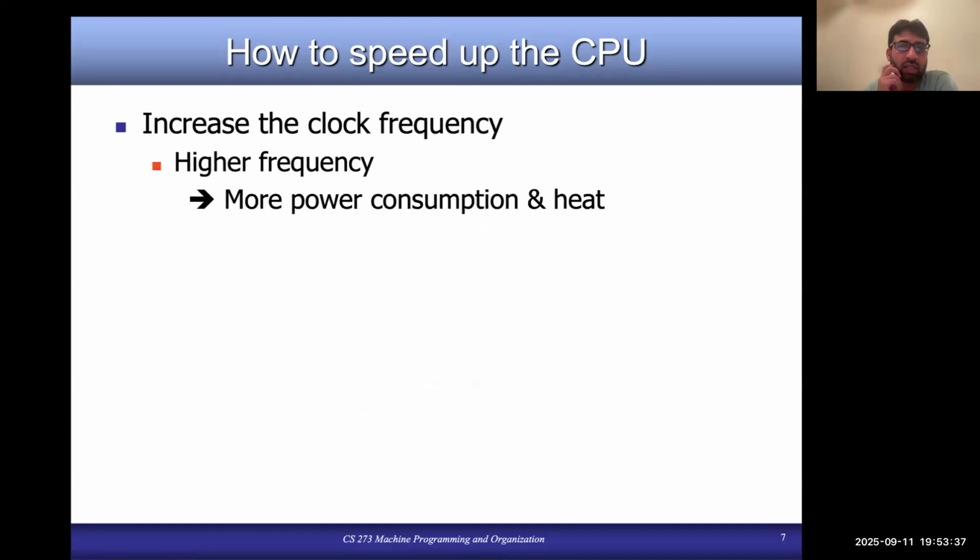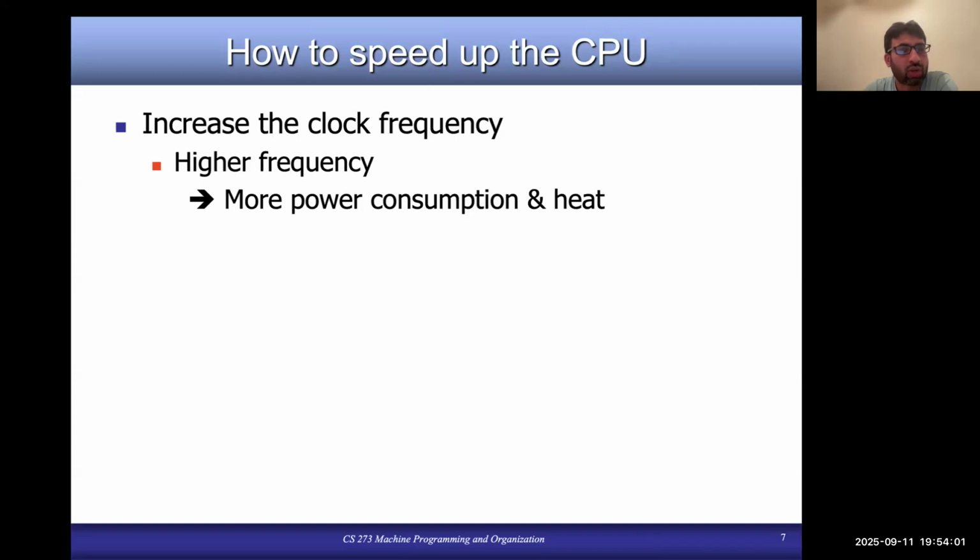However, there is a downside to that. If you increase the frequency, you incur more power consumption, which means your hardware heats up quickly, and then you need some mechanism to cool it down.